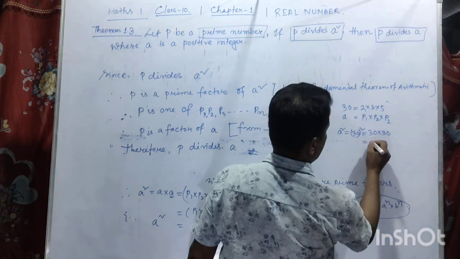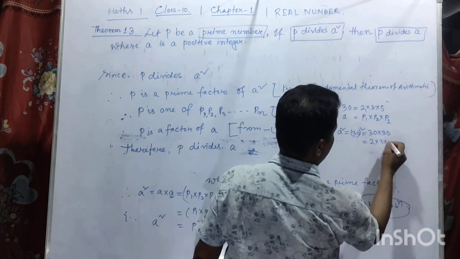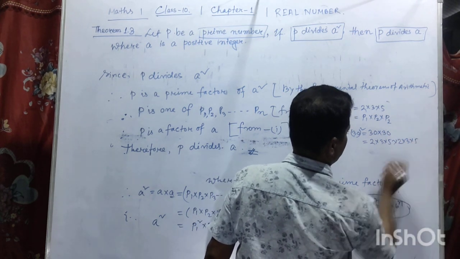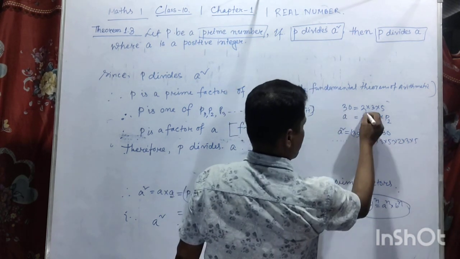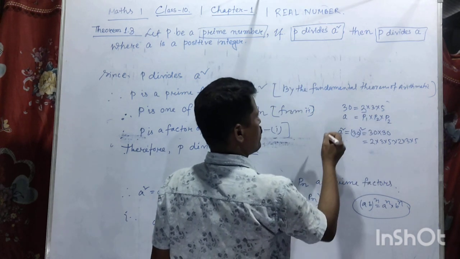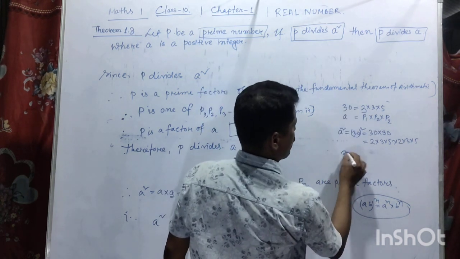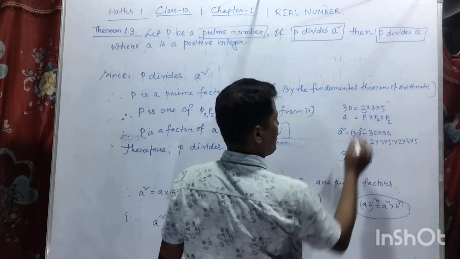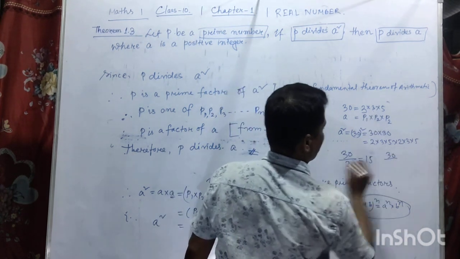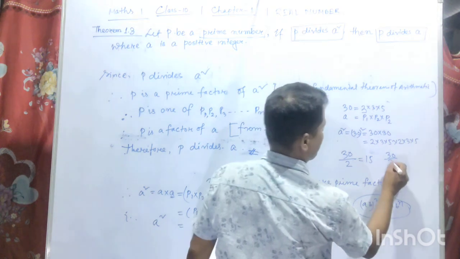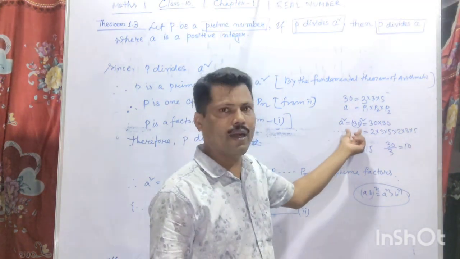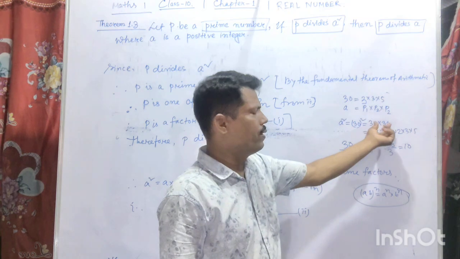This also we can write as 2 into 3 into 5, and another one 2 into 3 into 5. So 30 is completely divisible by 2, that means 15 times, and 30 is also completely divisible by 3. Then a square is equal to 30 square is equal to 30 into 30.